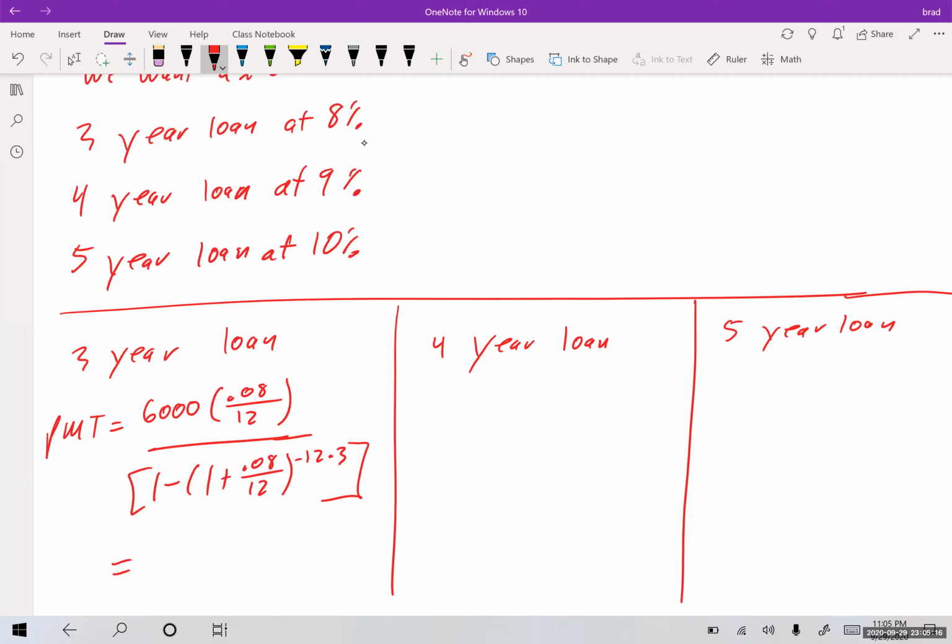Okay, so hopefully you guys have unpaused the video now and you are ready to go on this one. So for the 3-year loan, I end up getting $188.02, right? So it's going to cost me $188 a month for this used car for 36 months. So now we do the same thing over here, but we have a bigger interest rate.